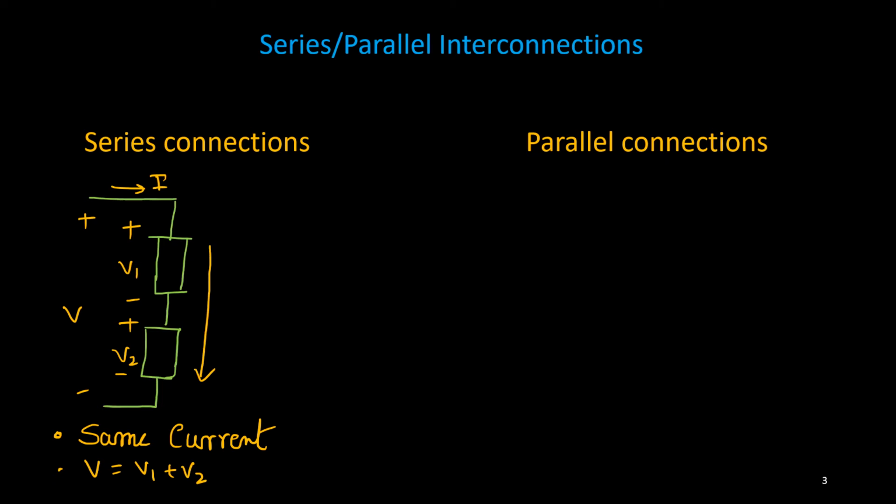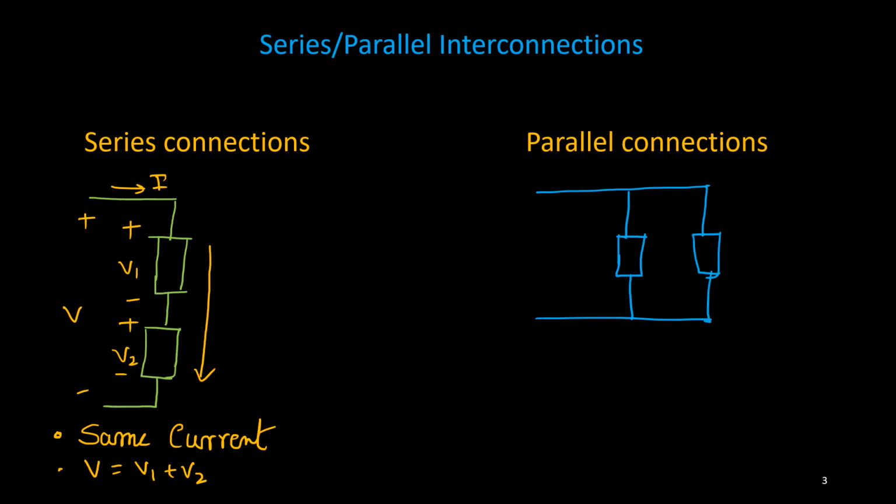Two elements should be connected at the same points, and thus they will have the same potential. So these are the two lines. This is one element, and one more element is here.